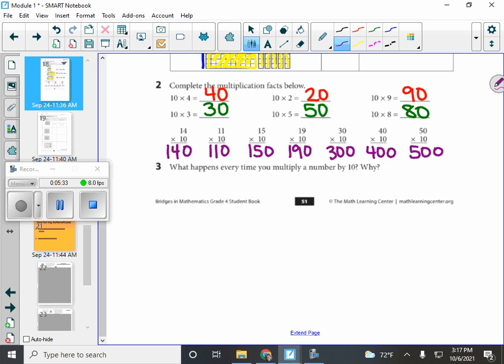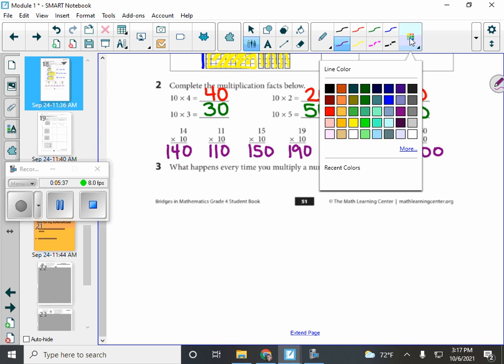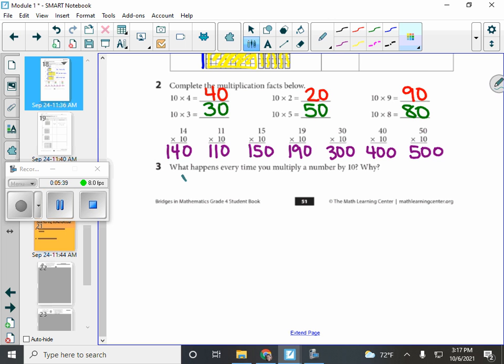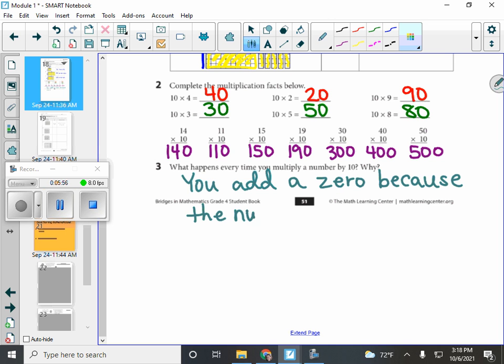Number 3 says, what happens every time you multiply a number by 10? Why? Let's say you add a 0 because the number is getting 10 times bigger.